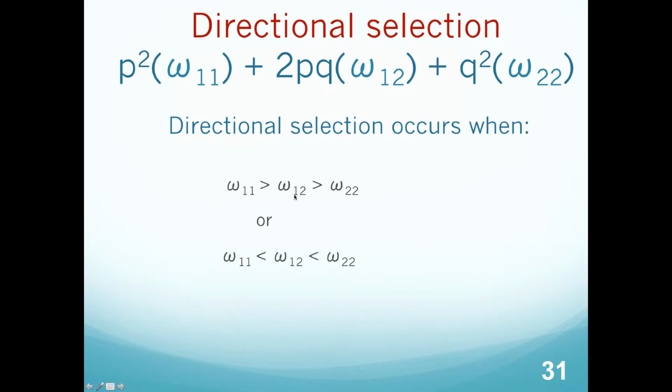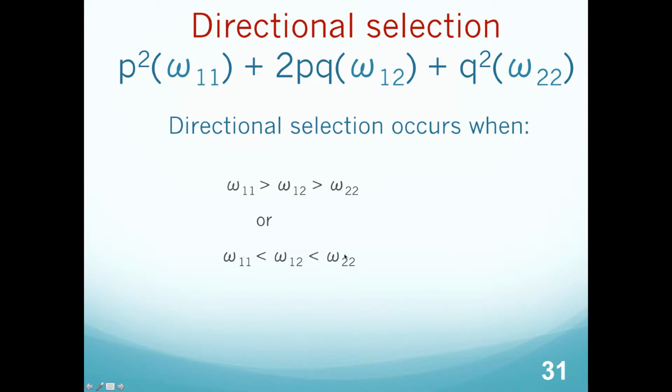So now we're going to move on to talk about different modes of selection. And for each mode of selection, we're going to apply the population genetic model that we just discussed. So here's our population genetic model of selection. And directional selection occurs when omega for one of the two homozygotes is greater than omega for the heterozygote or the other homozygote. So omega 1,1 is greater than the heterozygote and omega 2,2.